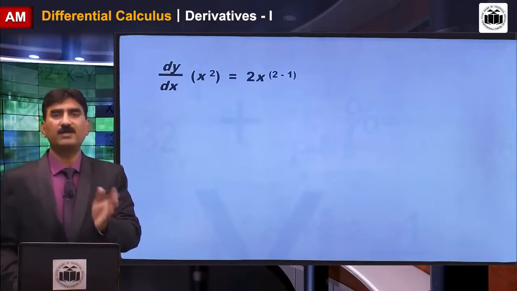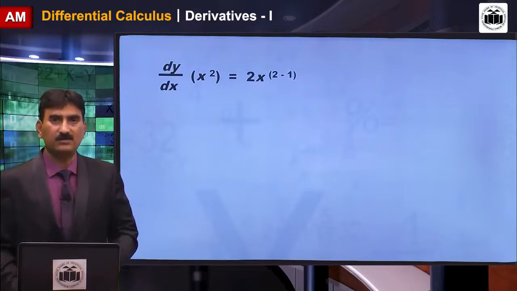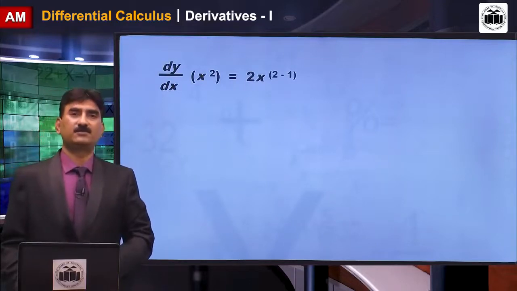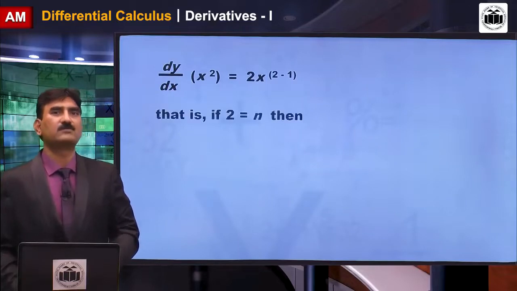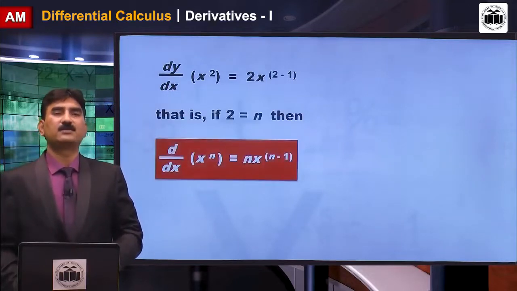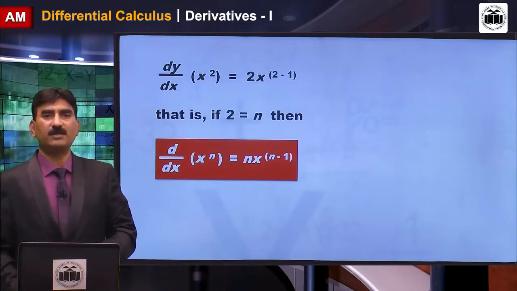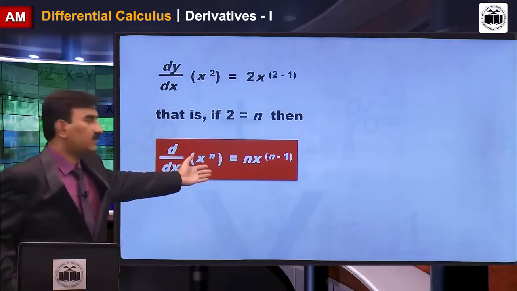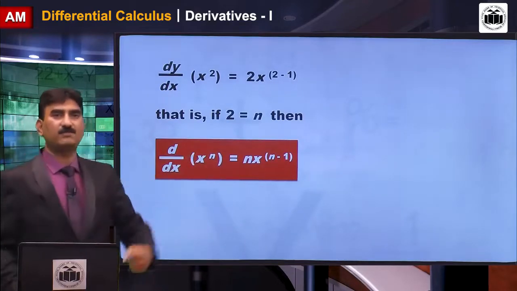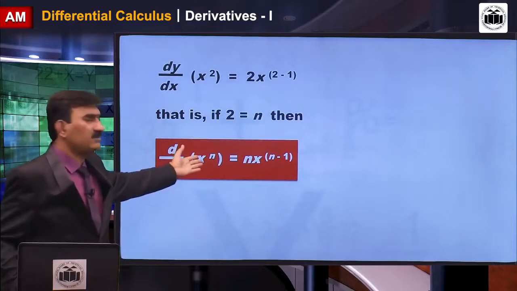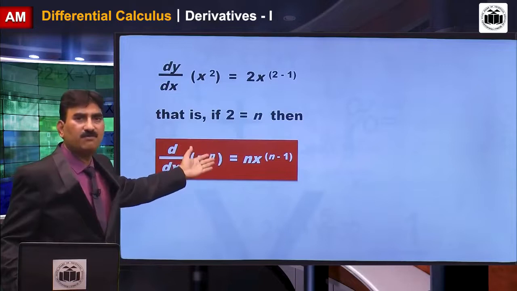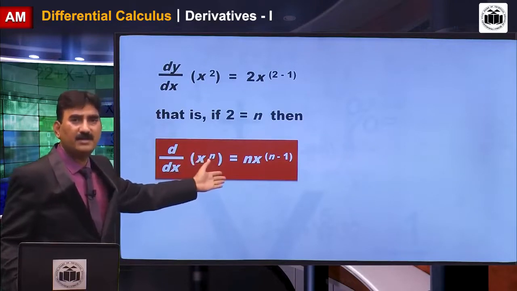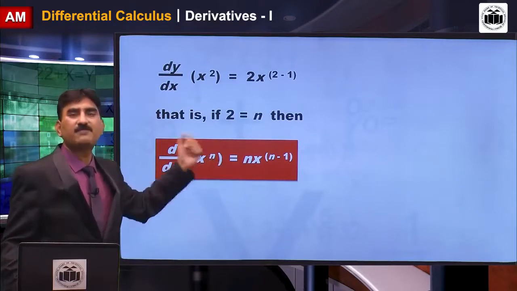Instead of 1, we write 2 minus 1. Now if we substitute n instead of 2, what we get here is d by dx of x raised to n is equal to n into x raised to n minus 1. What is n here? n is a real number. Whether it is negative, positive, or a fraction, for any n you have to use the same formula.